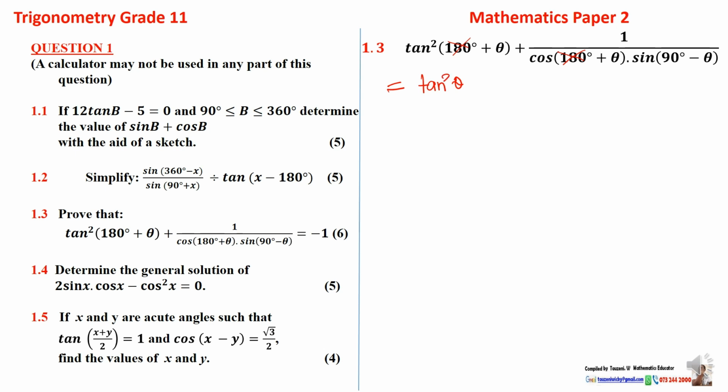If it's squared, it is positive irrespective of anything else, because the negative is squared to become positive. Then we go on with the fraction. Cos of 180 plus theta, the 180 falls away, so I'm going to remain with cos theta, and my cos theta is a negative cos theta.